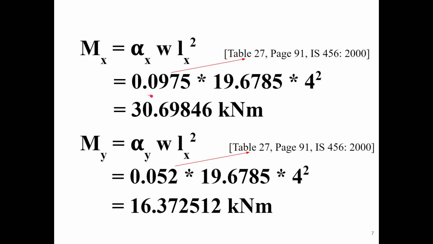Alpha x comes to be 0.0975 and alpha y comes to be 0.052. Putting the values in the respective variables, we get mx value as 30.69846 kilonewton meter and my as 16.372512 kilonewton meter.